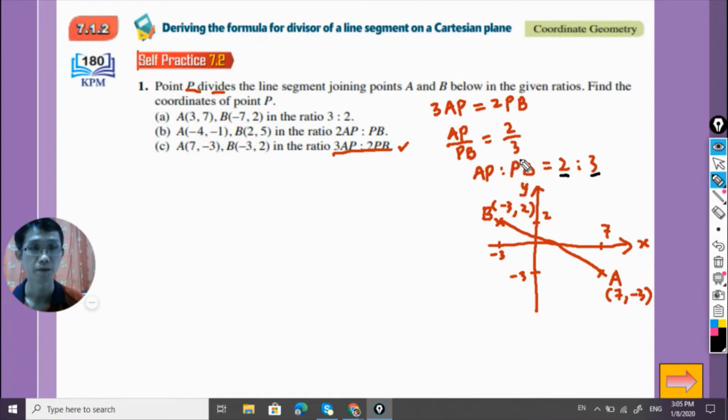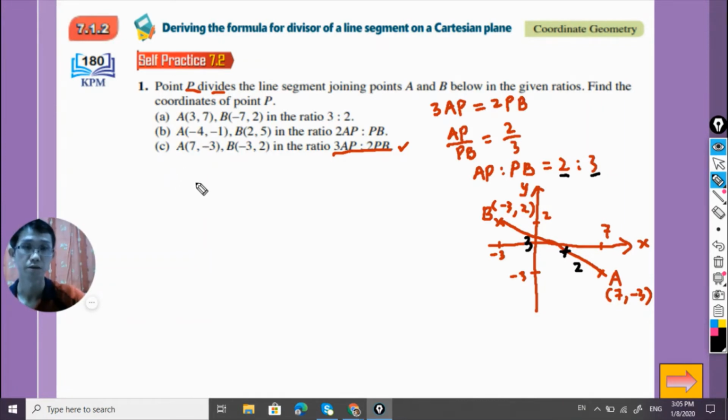So that means P is a little bit closer to point A. So most likely the point P will be here, right? AP takes 2 parts, and then PB takes 3 parts. Okay? So once we have finalized the position and location of the point on the Cartesian plane with the ratio, now we can start calculating and put in the formula and solve and get the answers.